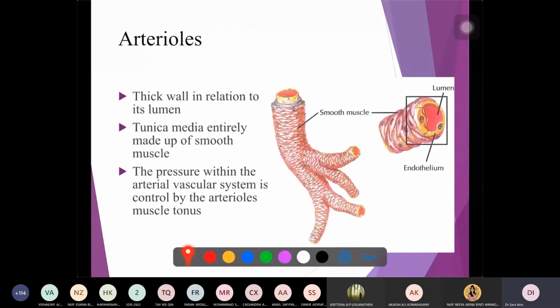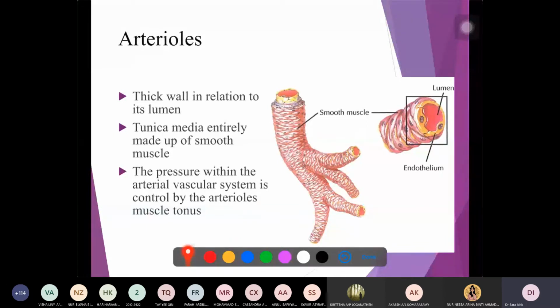Next you have your arterioles. These are your small arteries. The arterioles are very, very small. The lumen is small. The thickness of the wall is also quite thin. But in relation to the lumen itself, it has a thick wall. But the wall in relation to your other kinds of arteries, your medium and your larger arteries, is very, very thin.